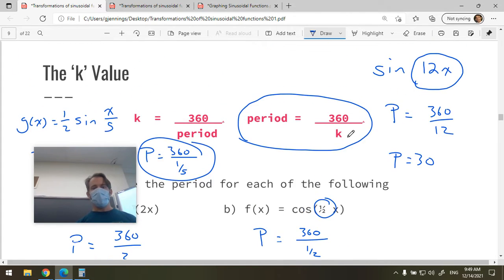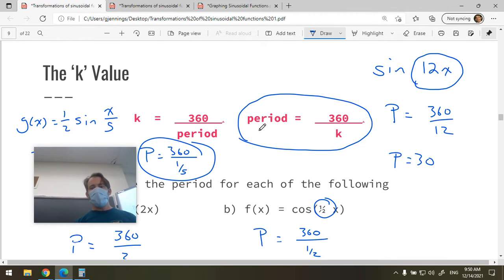Okay? So I knew that 360 over 60 would give me a value 6, so I had to put 6 into the function. That way, when I input the value 60 as x, it would be 60 times 6, which would be 360. So it tells me, okay, I've gone through one full cycle. This is why k is doing that.